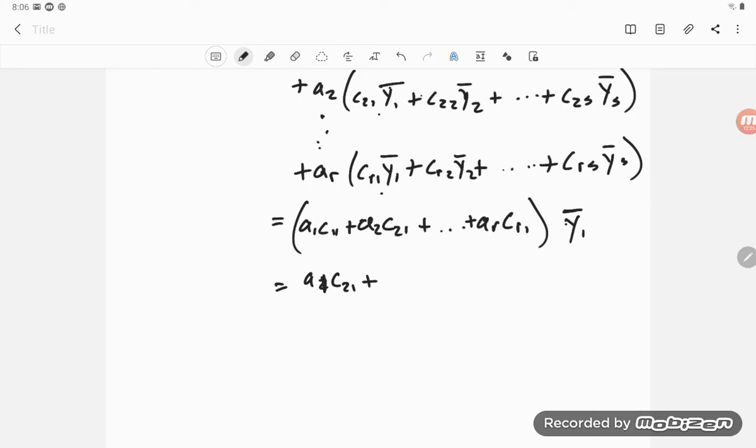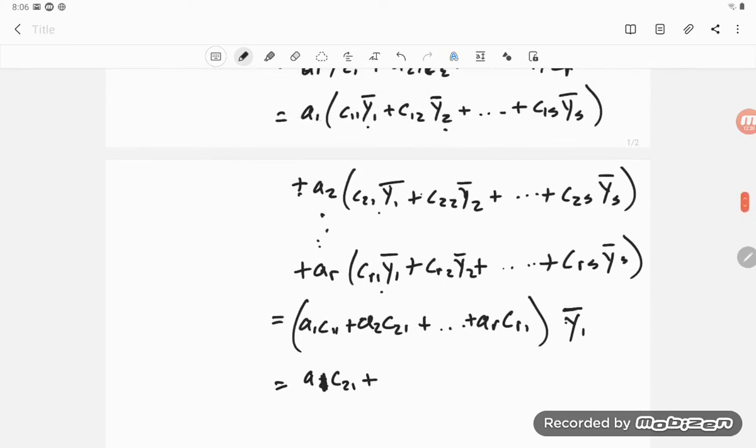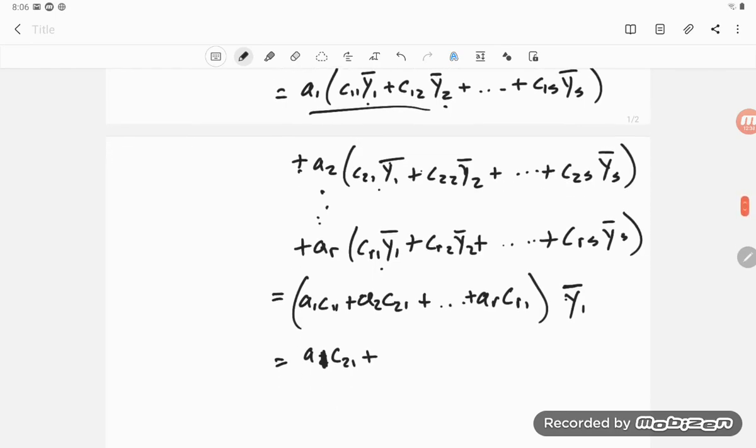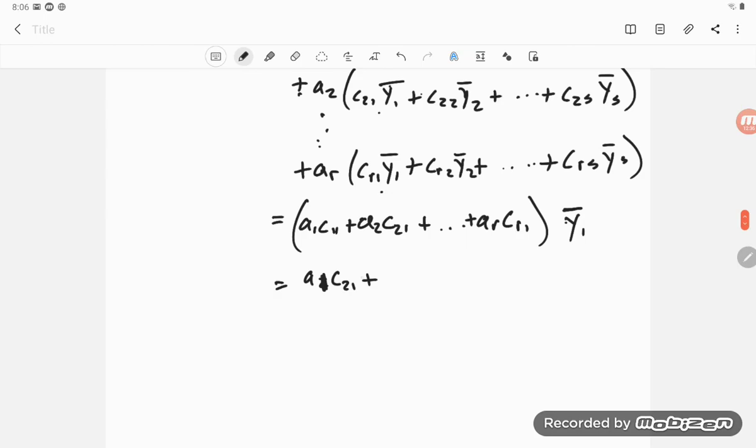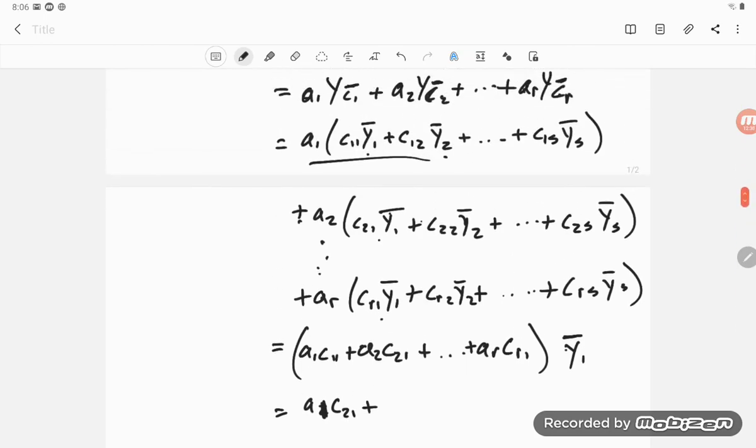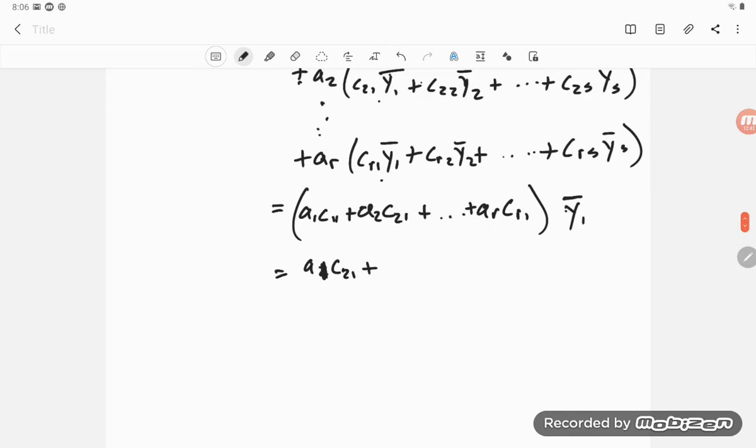oops, sorry, A1. I was looking at this A2 here, but I had to start with A1 up here. And so it's A1 C12. Now I get to this next line here.